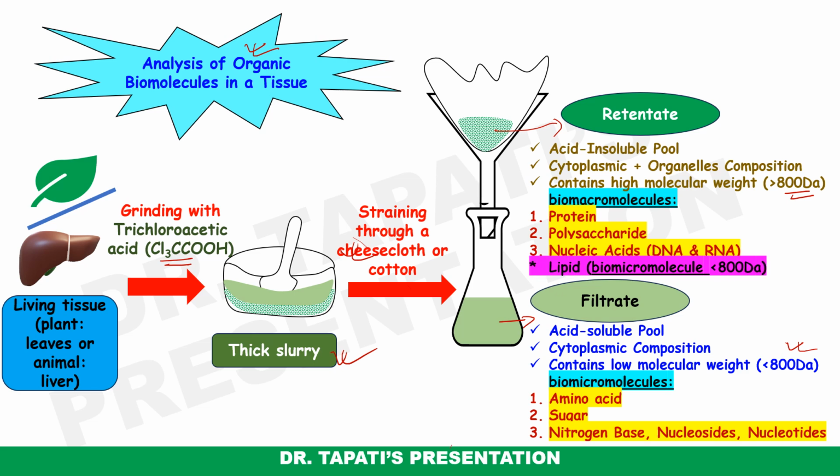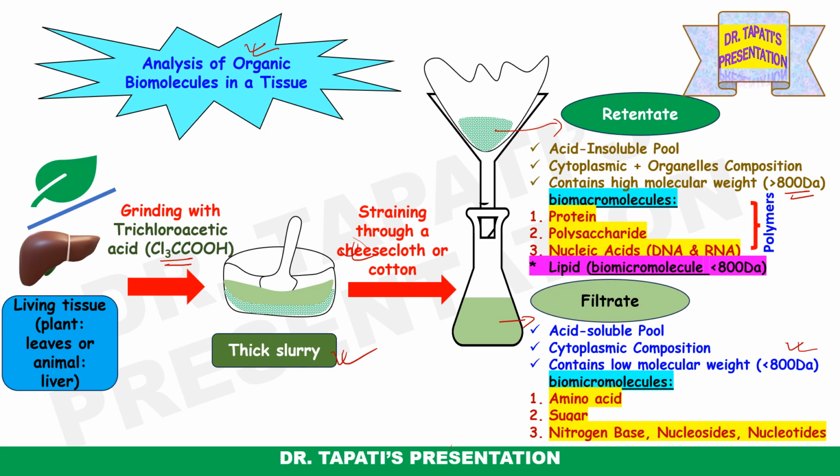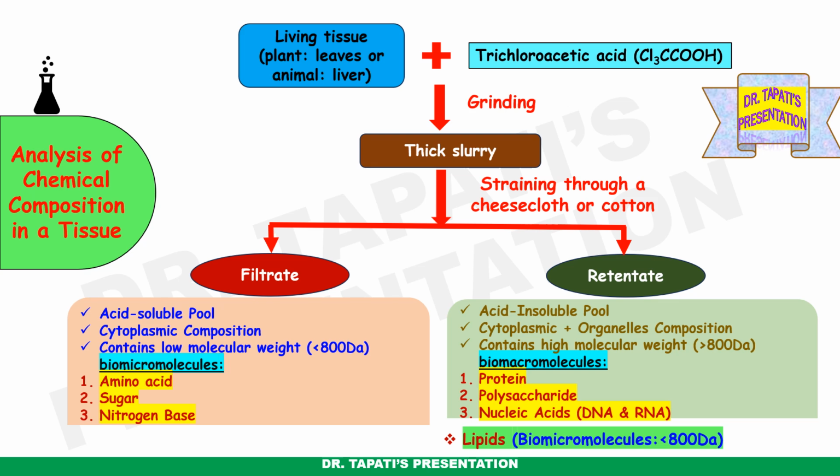Along with that, lipid is also present in the retentate part, although it is a biomicromolecule because it has a molecular weight less than 800 Dalton. You can also use this flow diagram for the analysis of chemical composition in a tissue.